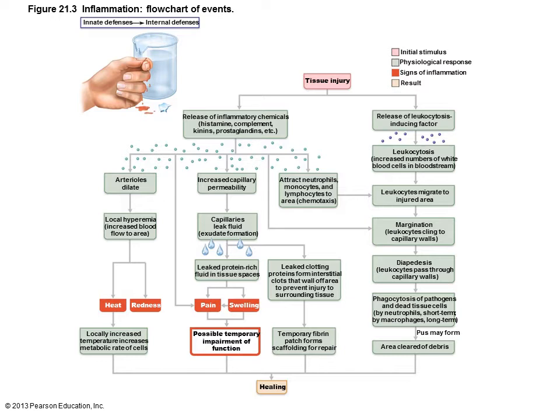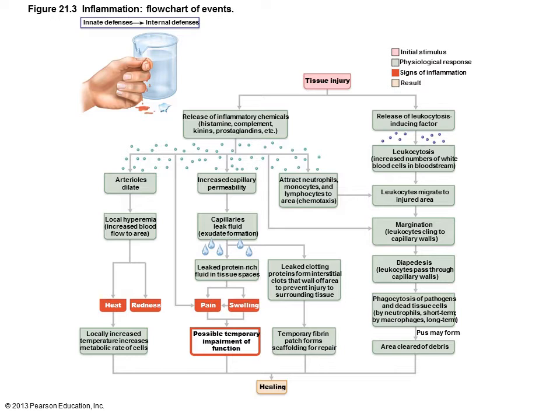Inflammatory mediators such as prostaglandins and complement proteins normally act on dilation of arterioles, creating the redness and heat of the inflamed area, and make the capillaries leaky so that white blood cells can come to that area.